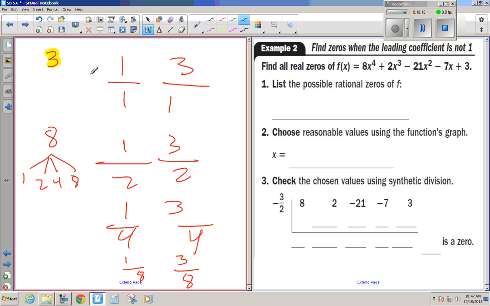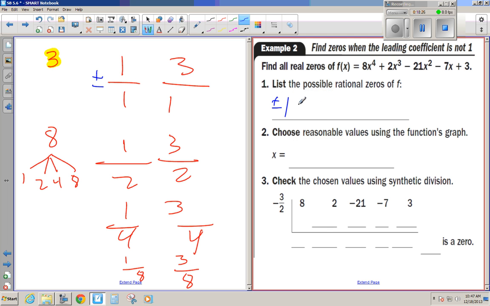And please do not forget the plus or minus. So our choices are plus or minus 1, plus or minus 3, plus or minus 1/2, plus or minus 3/2, and then there's a plus or minus 3/8 in there as well.